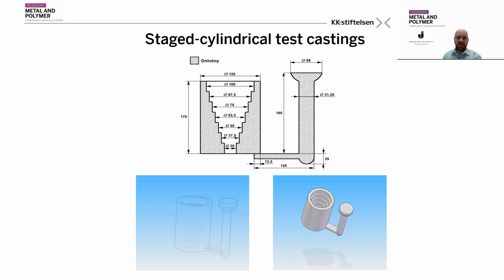So the step cone castings, or as we might say, stage cylindrical test castings, look like this, as shown in the picture.